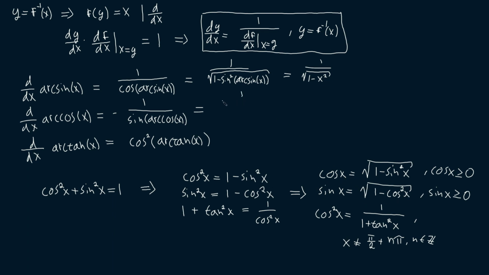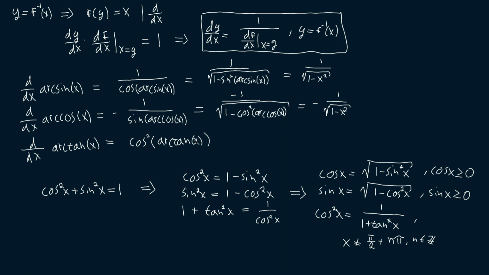So we get this equal to 1 over the square root of 1 minus cosine squared of arccosine of x. And cosine at arccosine of x is just x. So we're left with minus 1 over the square root of 1 minus x squared.